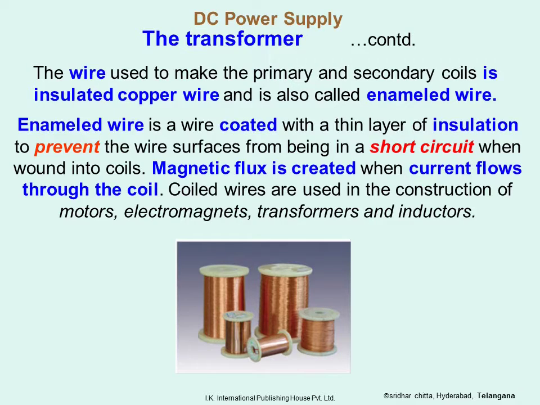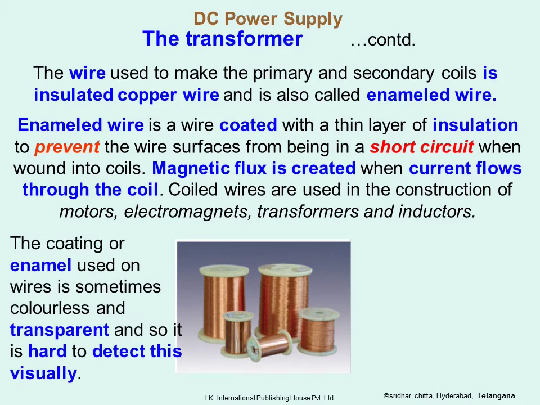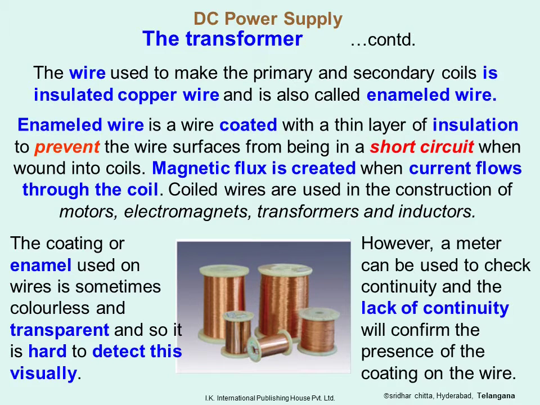Coiled wire bundles find use mainly in the construction of motors, electromagnets, transformers, and inductors. The coating or enamel used on wires is sometimes colorless and transparent, and so it is hard to detect this visually. However, a meter can be used to check continuity, and the lack of continuity will confirm the presence of the coating on the wire.